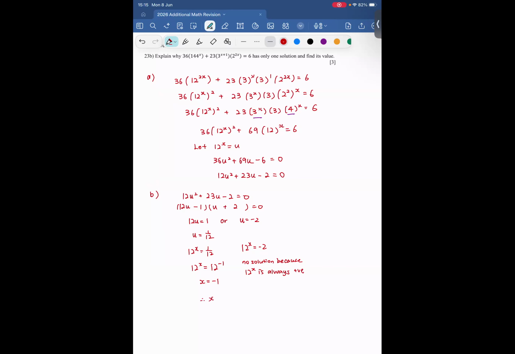So therefore, x equals to negative 1 is the only solution. Okay?